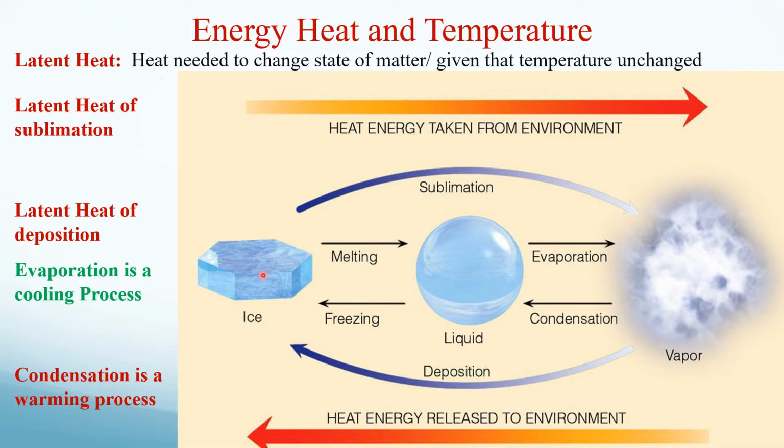And sublimation is something we can see in the real world when there is snow outside, the sky is clear, and there is sunlight. You see that the ice is not melting, but the snow is reducing because of the sublimation process. So I would strongly recommend you to know all this.